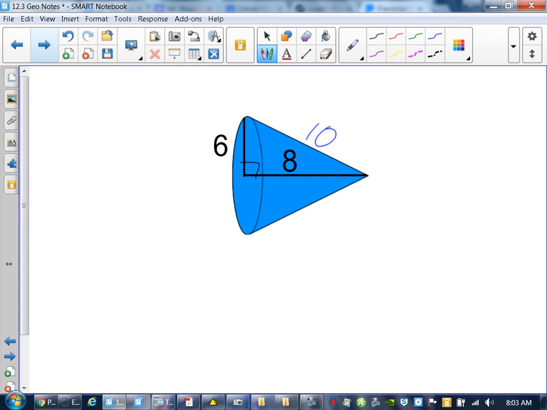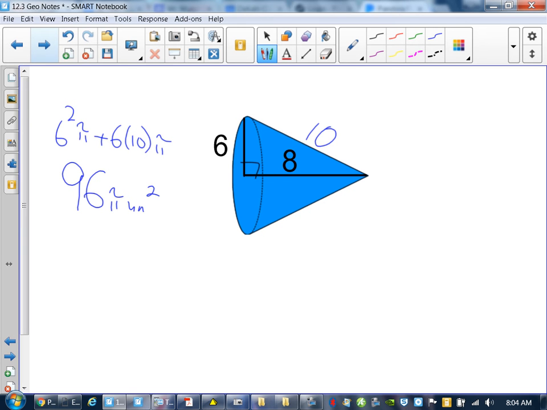And then it's just a matter of putting it all together. 6 squared pi plus 6 times 10 pi. Well, 6 squared is easy. So you have 36 and 60, which is 96 pi square units.